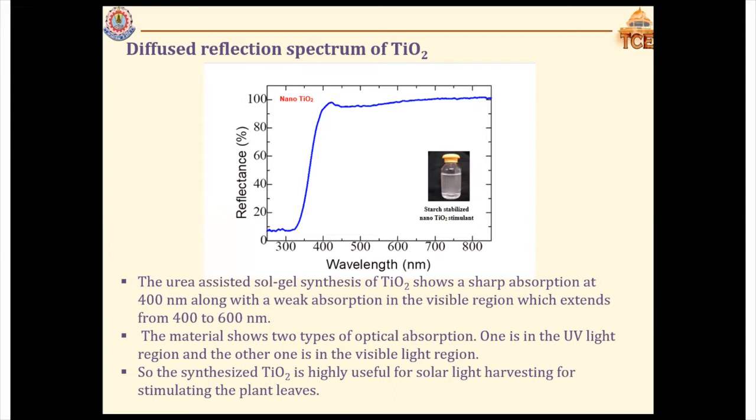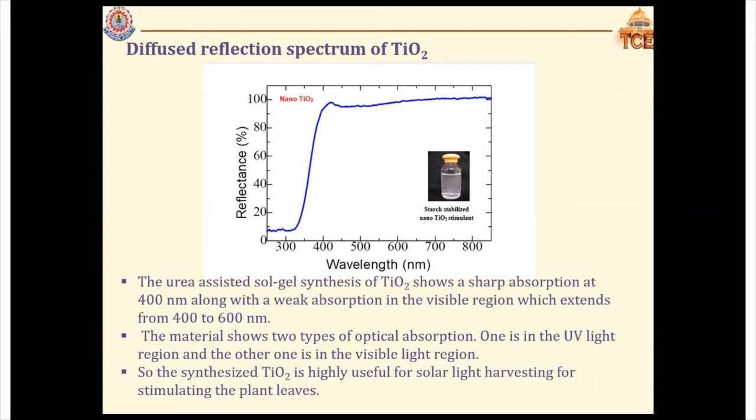Then the diffuse reflectance spectrum of synthesized colloidal TiO2. The figure shows the diffuse spectrum of the synthesized TiO2. The urea-assisted sol-gel synthesis of titanium dioxide shows a sharp absorption at 400 nanometers and weak absorption in the visible region at 400 to 600 nanometers.